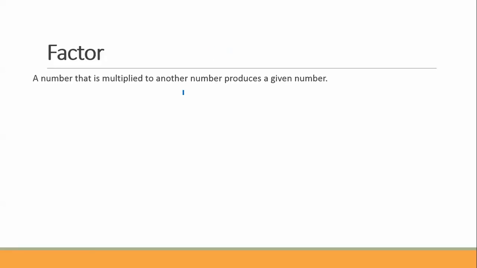So a factor is a number that is multiplied to another number and produces a given number. It sounds like a lot of words, but we'll look at the number 30. The factors of 30 are what multiplies to 30?